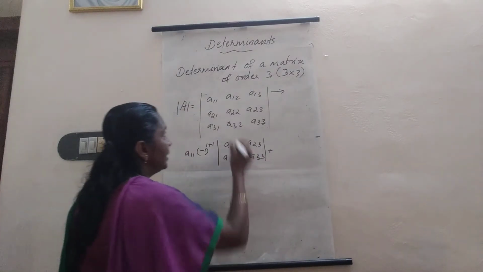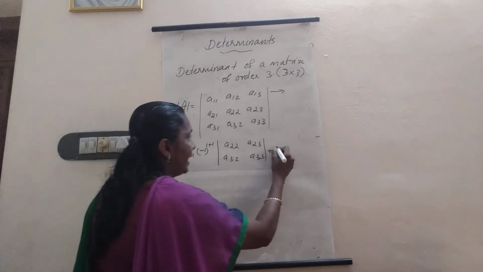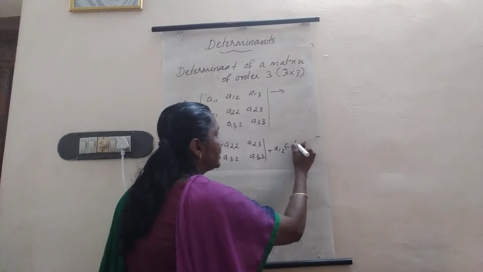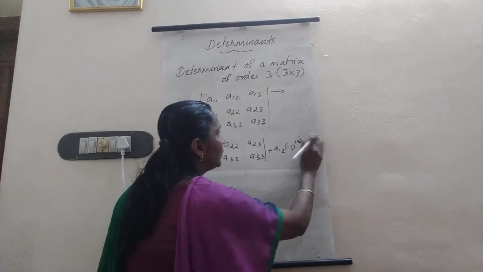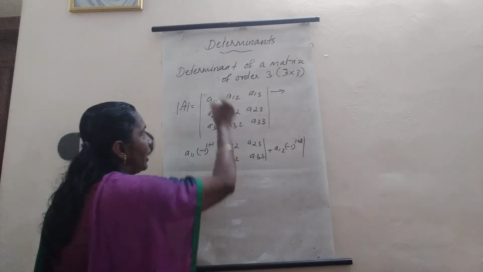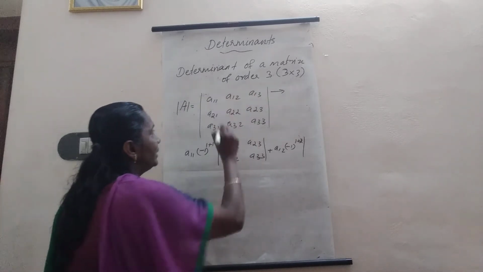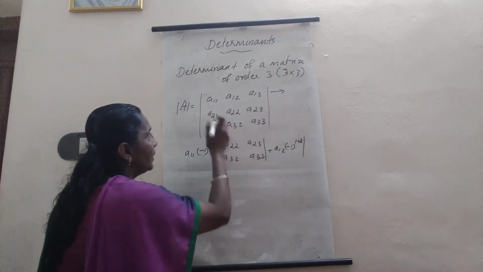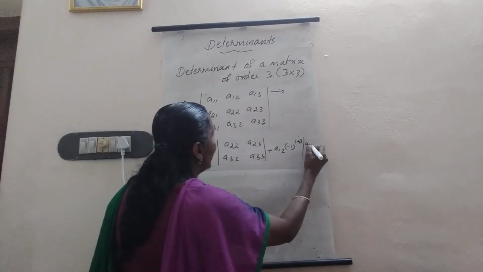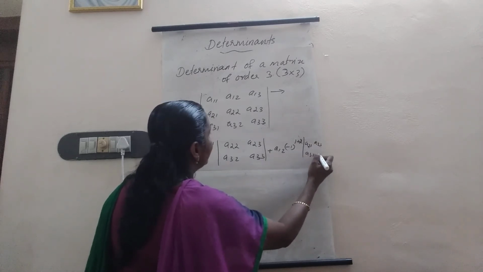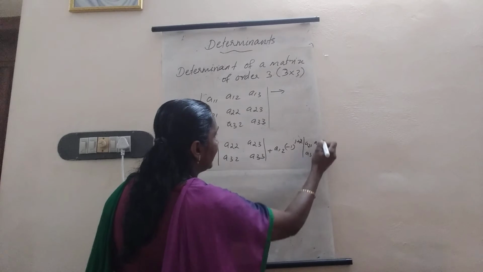Plus, then second element in the first row is A12. Then minus 1 raised to what? Yes, 1 plus 2. Then deleting the row and column that contains the element, so first row and second column. The other elements are A21, A23, A31, A33.